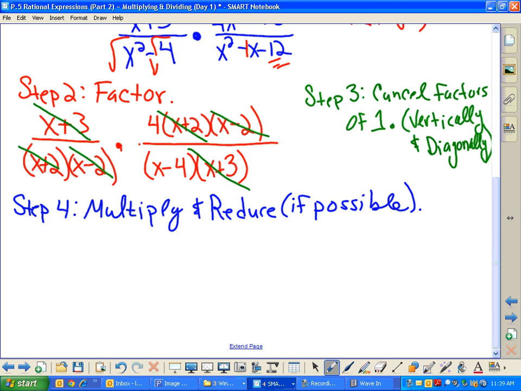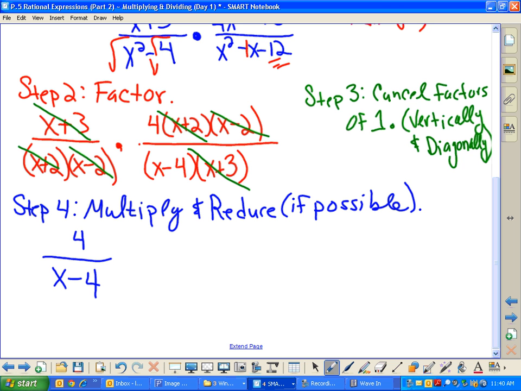Remember, these green slashes kind of behave a lot like 1s. So we have 1 times 4 times 1 times 1. That's just 4 on the top. And then I have 1 times x minus 4 times 1, and that's x minus 4. And now I have to reduce if possible.